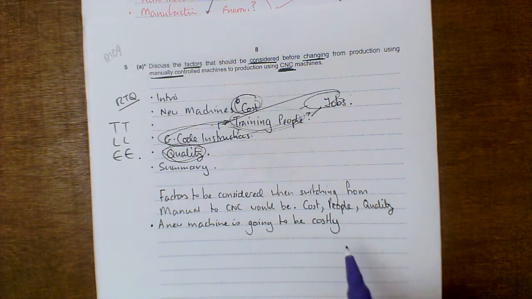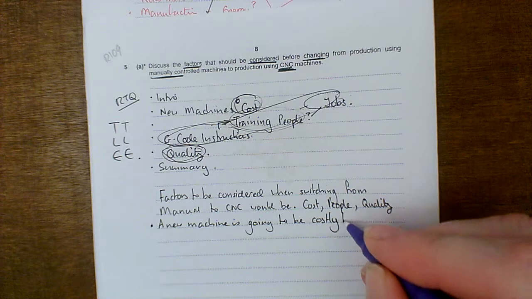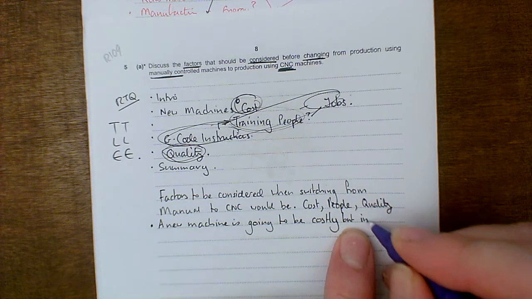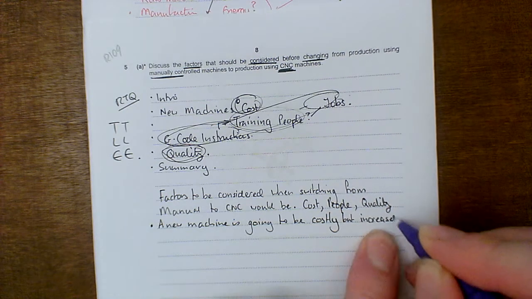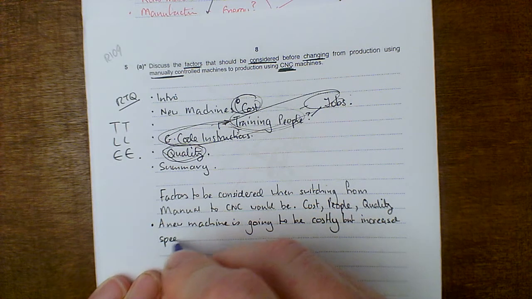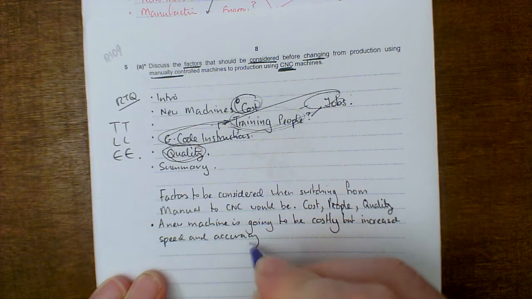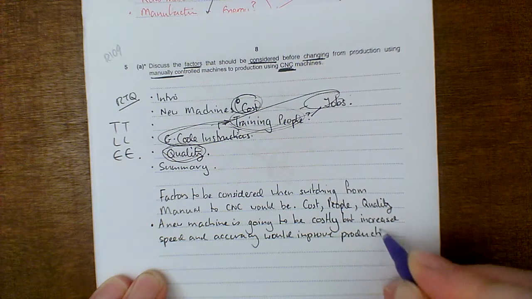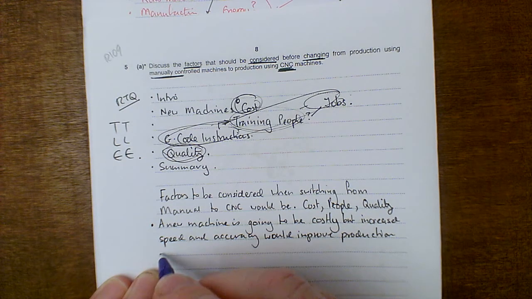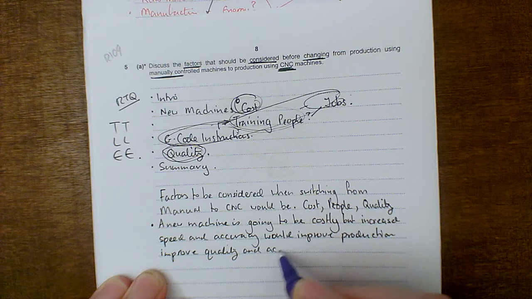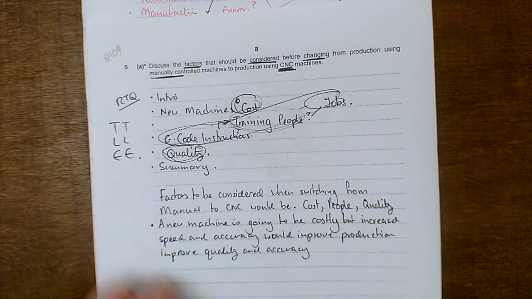So I need to finish this as a sentence by thinking about going to be costly, but increased speed and accuracy would improve production, improve quality and accuracy.